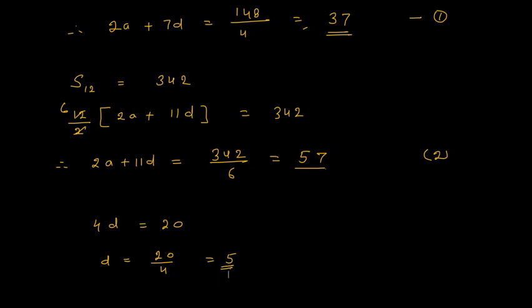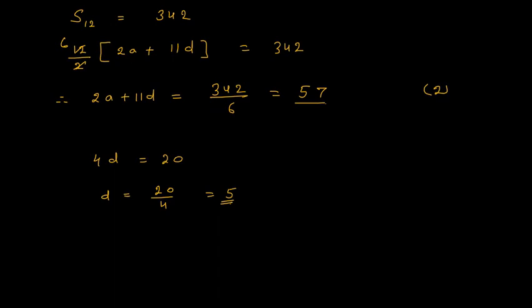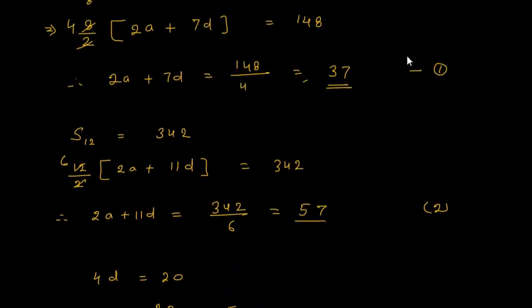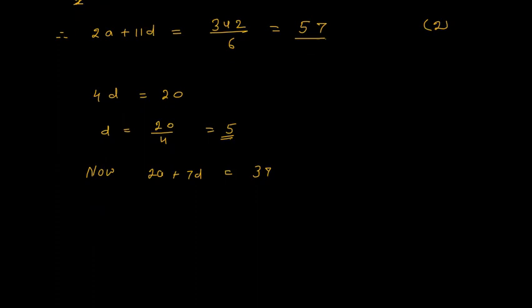Now to get a, we use the equation 2a plus 7d equal to 37. So therefore 2a is equal to 37 minus 7 into d, 7 5s are 35.